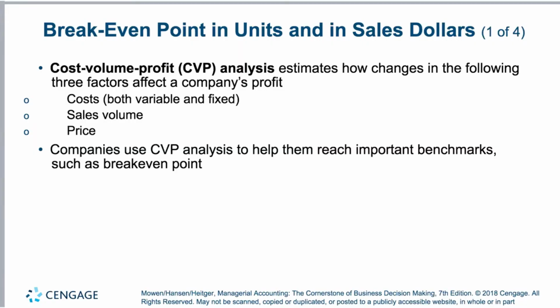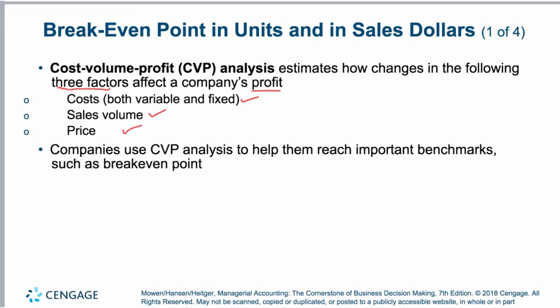Okay, so cost volume profit analysis, as the slide says, looks at how 3 factors affect a company's profit, and those 3 factors are costs, sales volume, and price. So let's just take a second and put together a little equation for profit.